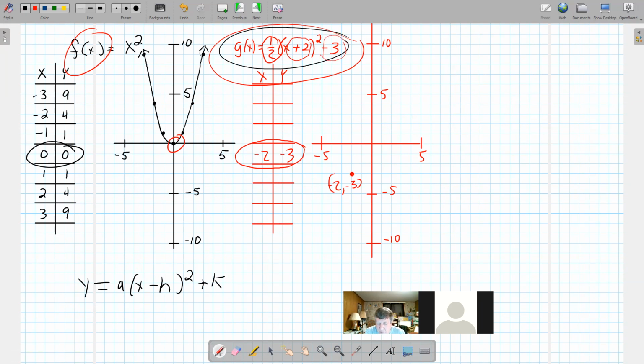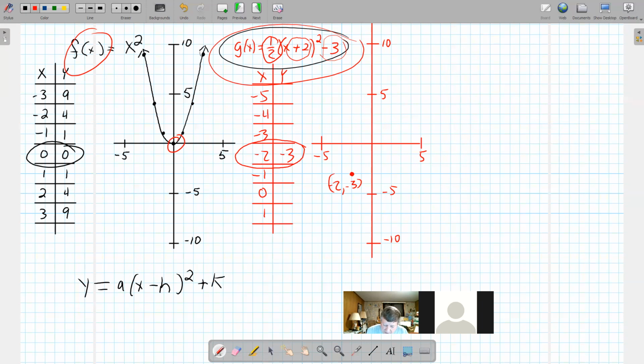Why do I want to start with the vertex? Because now, by using integer values to the left and right of that vertex, I get values that are good for graphing, okay? So now let's find these points.